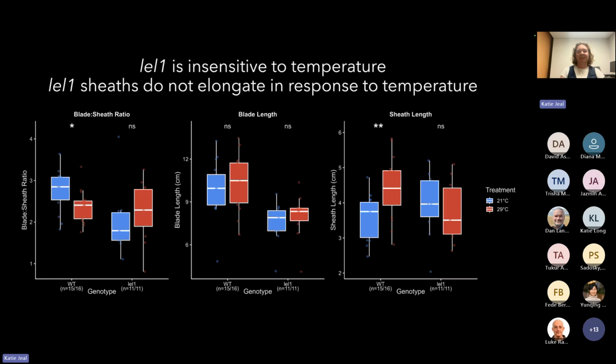And what we see in our leafy lemma is that there is no such response, and there is no significant difference in sheath length between the 21 and 29 degrees treatments. So this suggests that leafy lemma might be insensitive to warm temperature, which results in a disruption to the patterning.